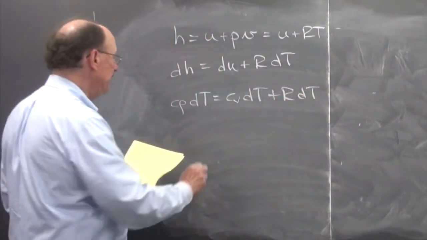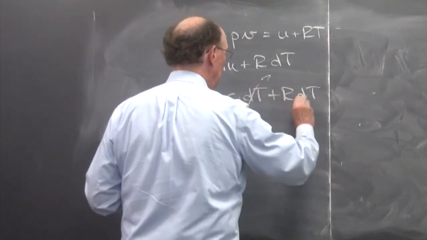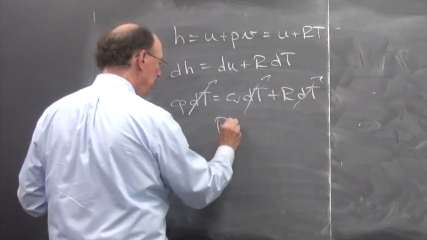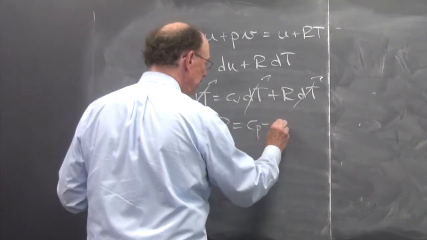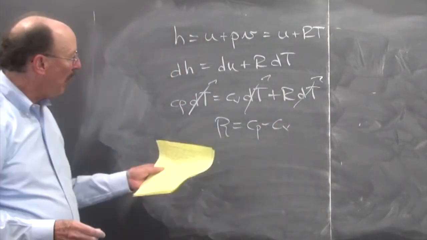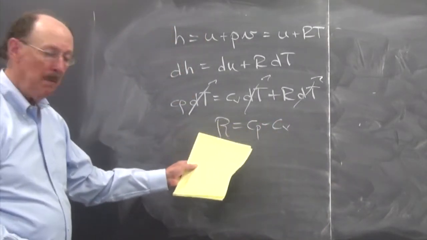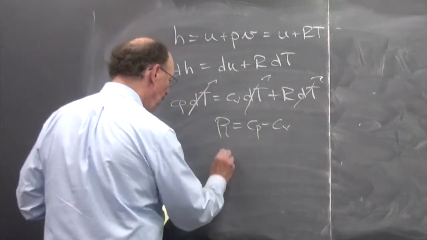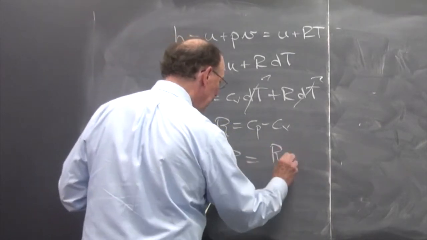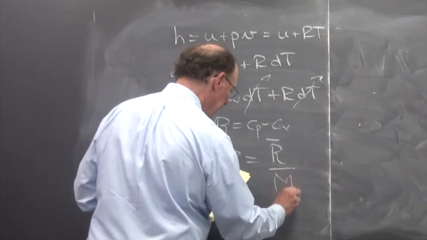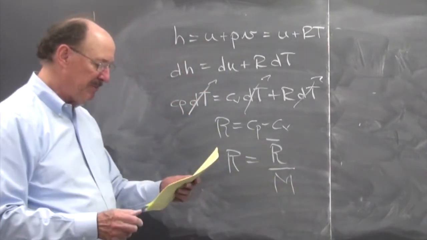And the dT's cancel. And I end up with R is equal to C sub P minus C sub V. So I have an equation for R in terms of specific heat. And I also have that R is equal to R bar divided by the molecular weight. So I have these three functions.